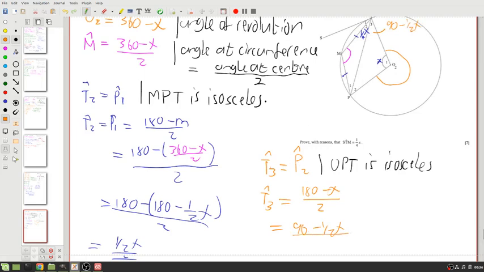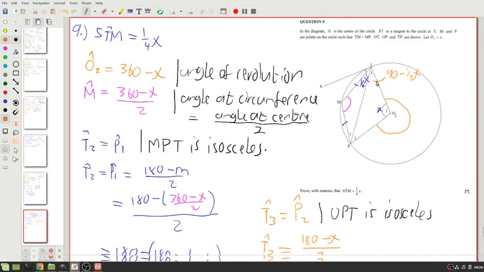Good. We have a lot of angles so far. We're getting close. Now we need to find T1, because that's our final one that we want. So how do we get that? Well, we know a tangent and a radius where they meet make 90 degrees. So this big whole T1 plus T2 plus T3 all together makes 90 degrees.